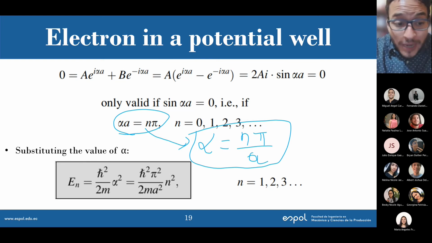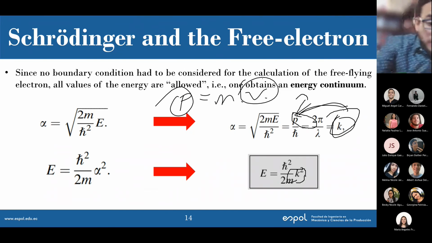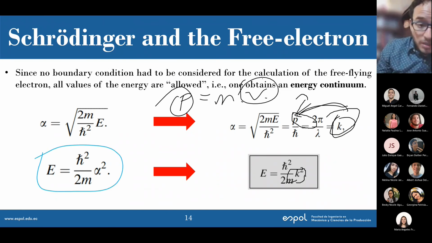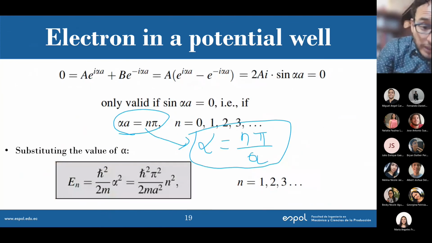And therefore, if we go back to this equation that hasn't changed, the energy is equal to h-bar squared divided by 2m times alpha squared. If we just now replace our alpha, it will be pi squared n squared over a squared, right?